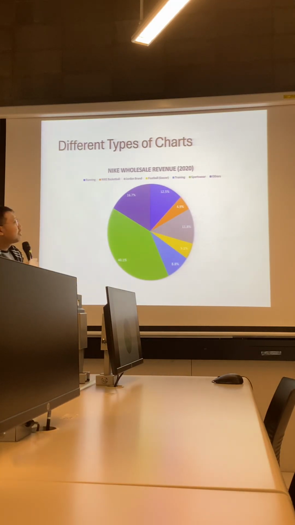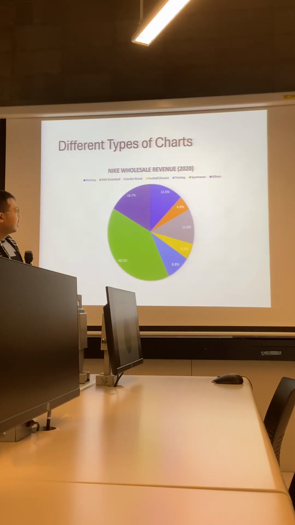Okay, 7. So from this pie chart, which category has the highest revenue? It's sportswear. Sportswear. How much is it? 40.1%. 40.1%. And then which type has the smallest percentage? The smallest proportion.